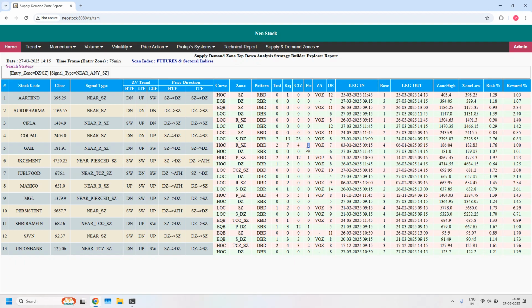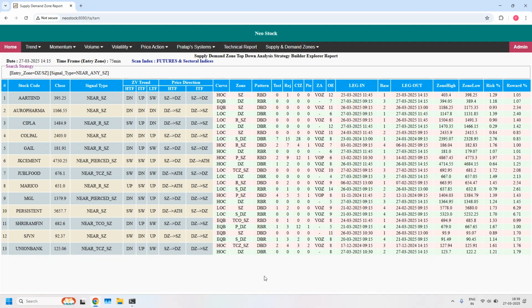Gale is pierced, so it is not valid. Marico is having a 75 minutes high liquidity supply zone. That's it. We identified 2 75 minutes high liquidity supply zones from this list.